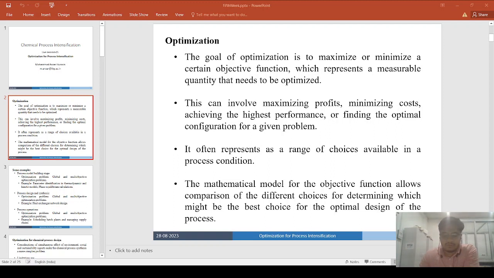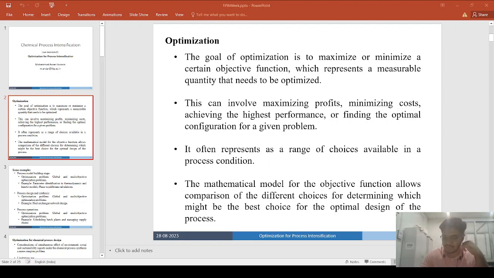These are some examples of objective functions, which we will discuss further. The goal can be to maximize or minimize a certain objective function. It is not always that you will aim to maximize something. In some cases it would be better to focus on minimizing a certain quantity. This can involve maximizing profits, minimizing costs, achieving the highest performance, or finding the optimal configuration for a given problem.